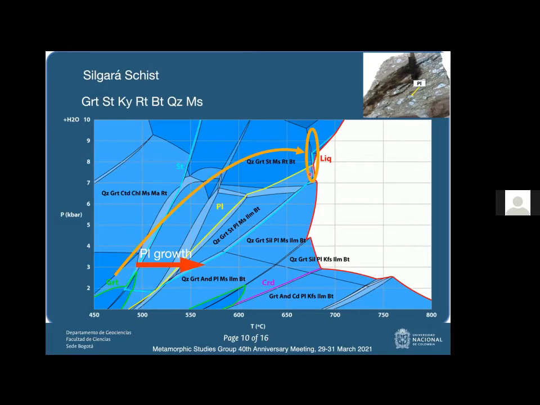And this assemblage field is very close to the plagioclase in mode zero line, which is contrasting with the abundant presence of plagioclase porphyroblasts in the rock. So our interpretation is that these plagioclase porphyroblasts grew in a later overprinting low pressure metamorphism not related with the Barrovian type metamorphic event.